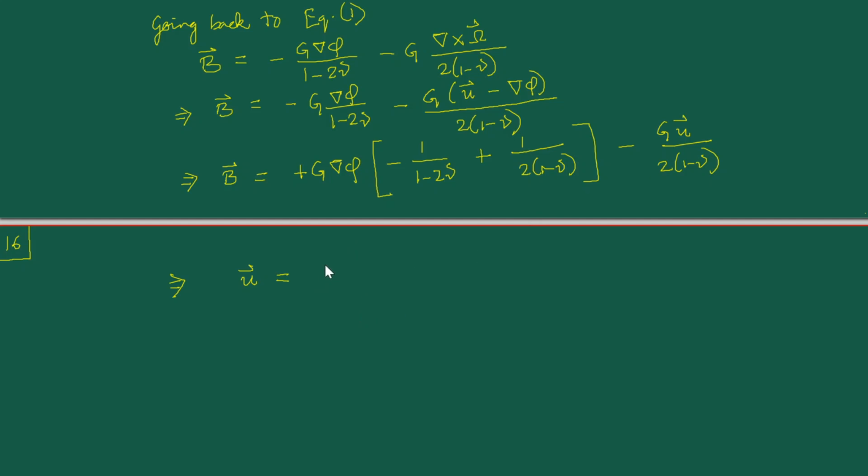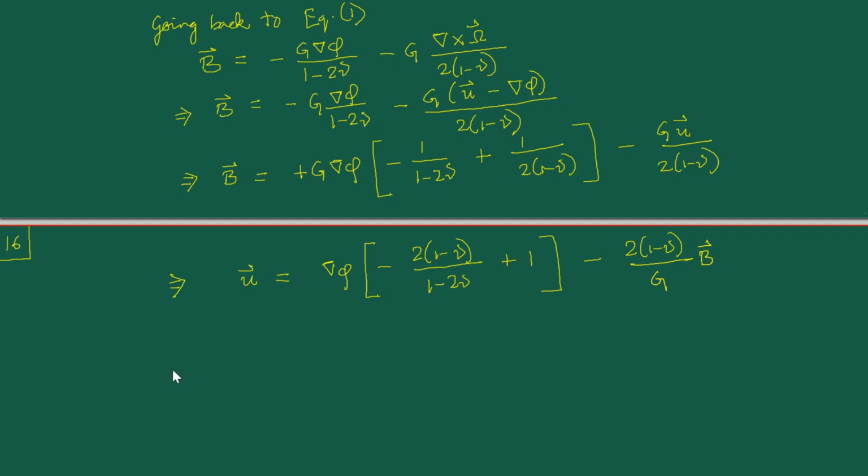So what I will obtain is this term grad of phi, and within the bracket I will have 2 into 1 minus nu over 1 minus 2 nu. This one will become a 1, and this b vector term will go to the right hand side with a coefficient of 2 into 1 minus nu divided by g.